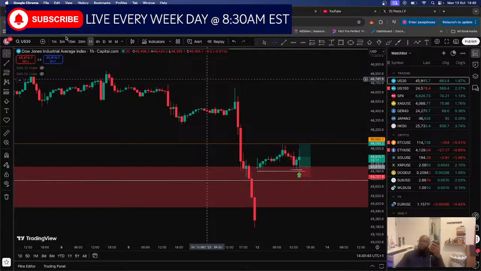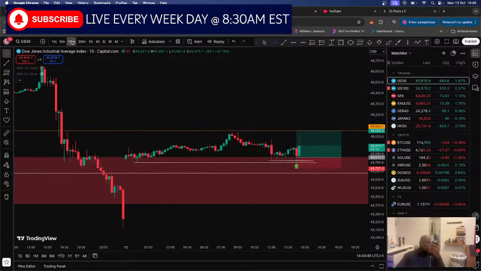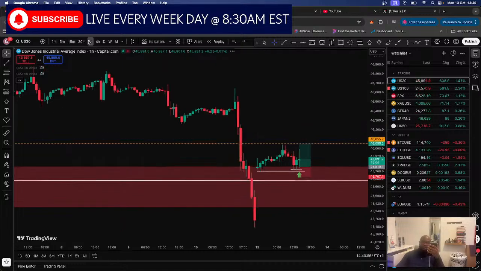Got some more momentum kicking again. Let's see if this momentum allows us to break higher. I don't know why it's just struggling today, man. It seems like today the bottom's not in yet, but it should be. All we could do is just wait.